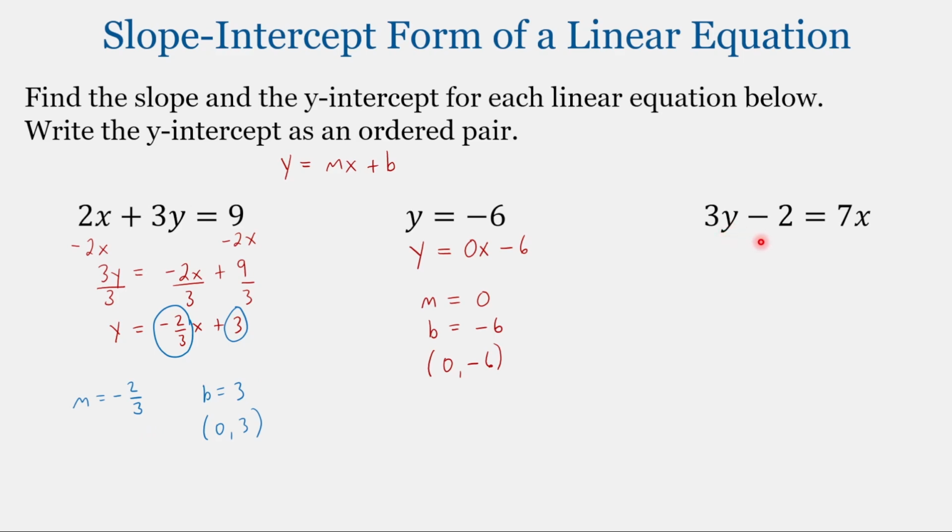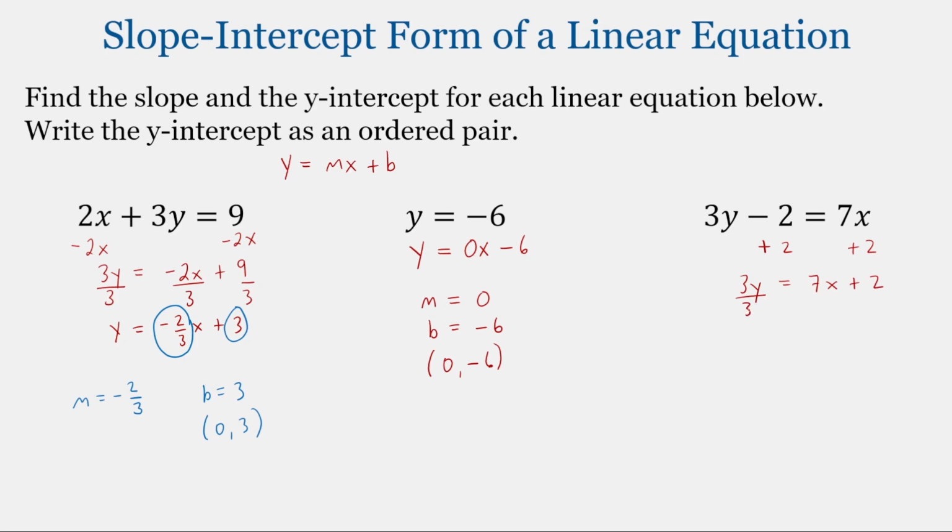And finally, 3y minus 2 equal to 7x. This is not in slope-intercept form. We're going to use algebra operations to rewrite this in slope-intercept form. So we want to get the y by itself on one side with a coefficient of 1. First we'll add 2 to both sides. We have 3y equal to 7x plus 2.